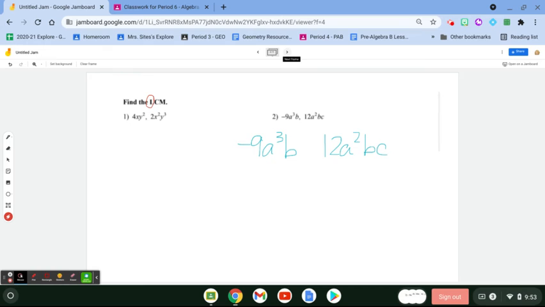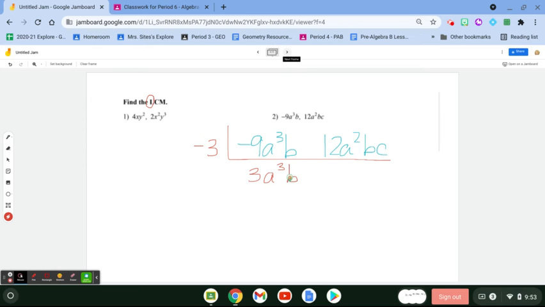Now, the biggest amount that I can divide out looks like probably a 3. I'm also going to take the negative sign with it. So I have a negative 3. Negative 9 divided by negative 3 is going to give me a positive 3. And I'm going to drop down a cubed and a b.